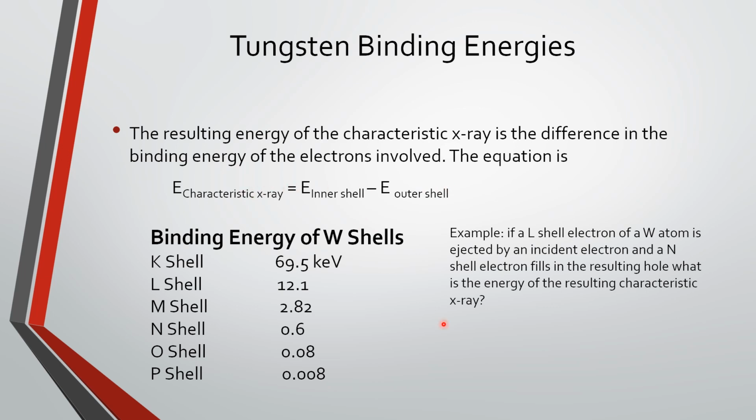So the energy of the characteristic X-ray produced will be the inner shell, which we know is 12.1 kiloelectron volts, minus 0.6 kiloelectron volts. And of course that answer is 11.5 kiloelectron volts. So from this example, the energy of the characteristic X-ray produced is 11.5 kiloelectron volts.